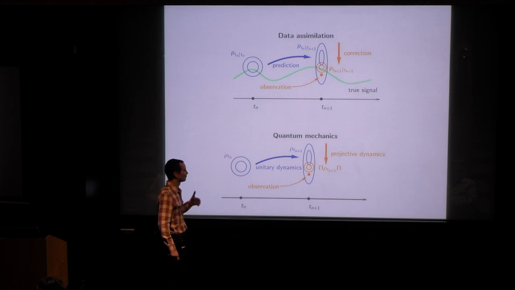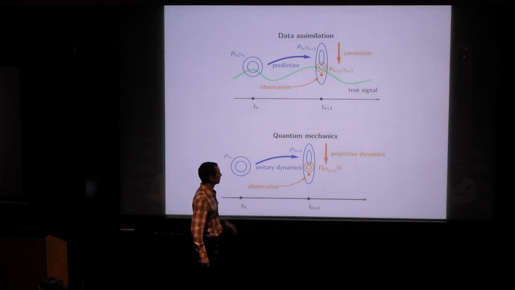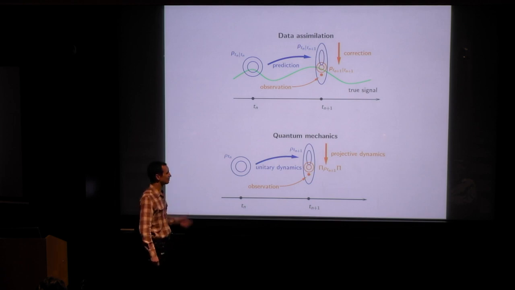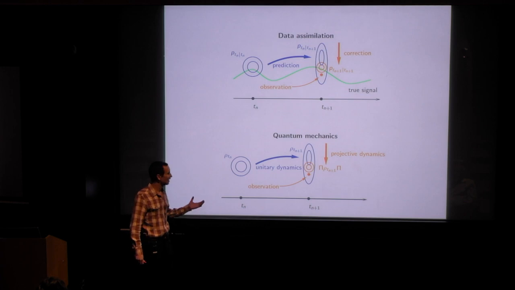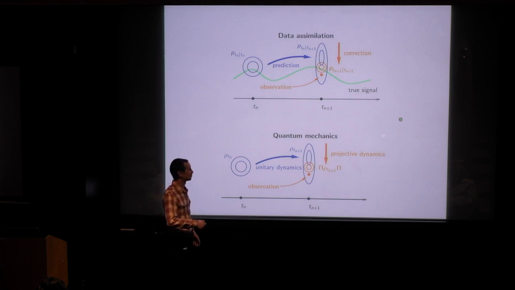When one makes a quantum mechanical measurement, there is a procedure analogous to the Bayesian update rule, also known as wave function collapse, that updates the quantum mechanical state to a new state by some type of projective dynamics, or some kind of projection of the state.